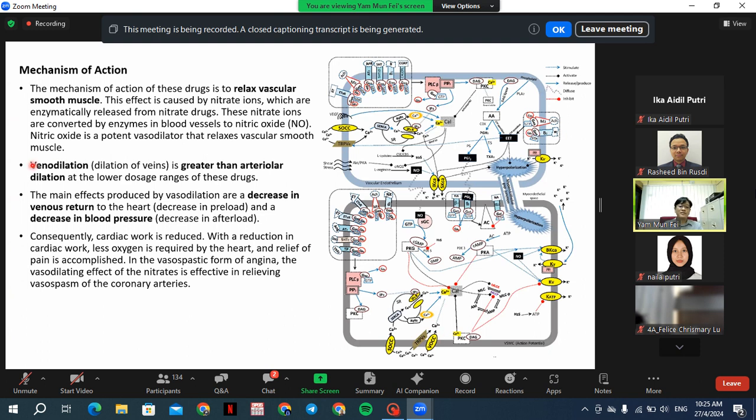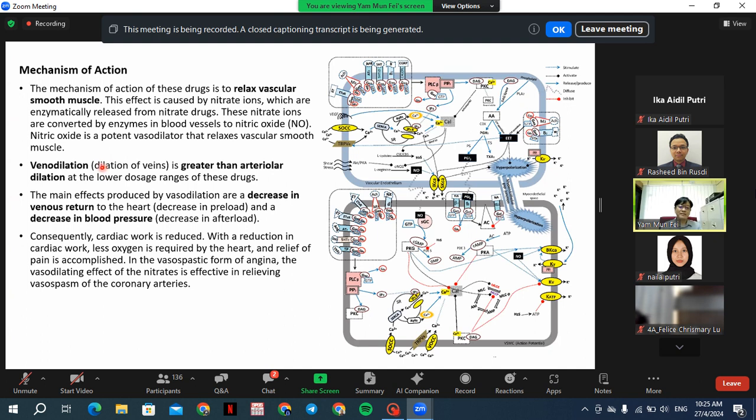So we go back to nitric oxide. We know that nitric oxide is a vasodilator. So which part are we going to dilate when the patient is taking nitrate? Venous. Veins dilate more than arteries.